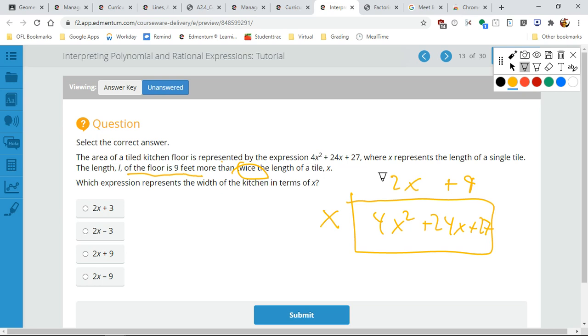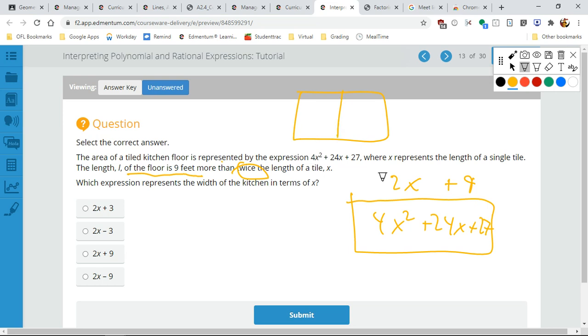So 2x plus 9. Write an expression for the width. So we don't know what the width is. That was my bad. We just know that we have this area.